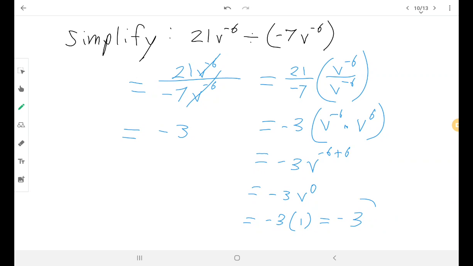And of course, it's still negative 3. So, I just wanted to show you that to illustrate the idea that something to the 0 power is 1, because the way you get 1 is by having the thing over itself and then adding the exponents. I'll pause for a moment to see if there are questions.